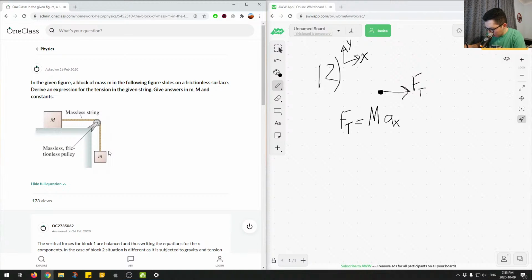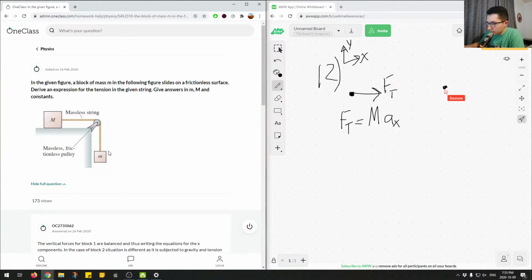For the second free body diagram, I'll move this over here, and I'll draw the second one over here.